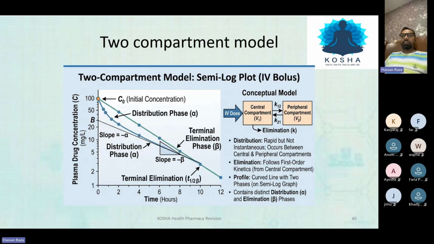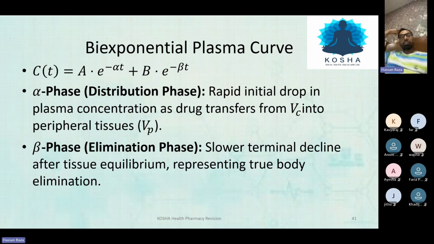Now, the formula for concentration is also different for the two compartment model, but you do not have to worry about this formula because we usually do not use it in clinical practice. But let me explain it, because many pharmacists work in the clinical trial industry, and they use this formula.